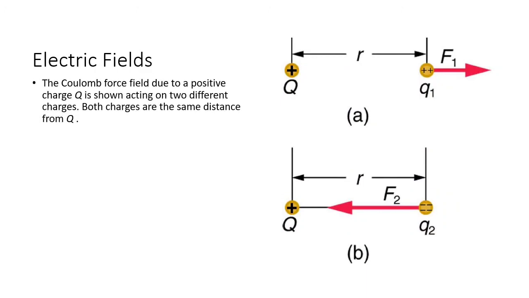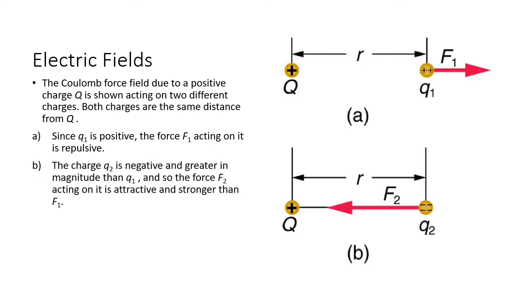The Coulomb force due to a positive charge, Q, is shown acting on two different charges. Both charges are the same distance from Q. Since Q1 is positive, the force, F1, acting on it is repulsive.